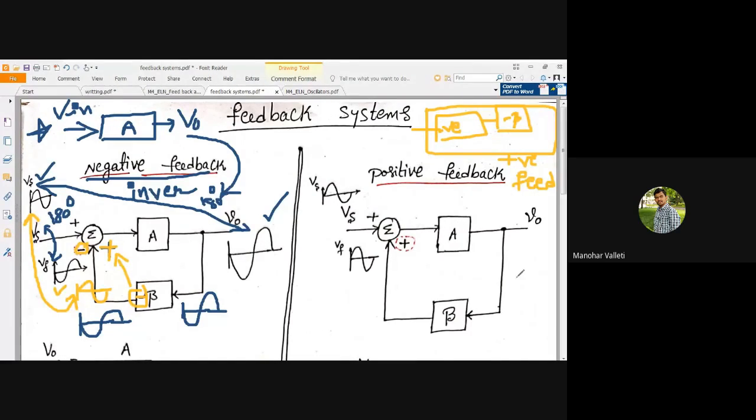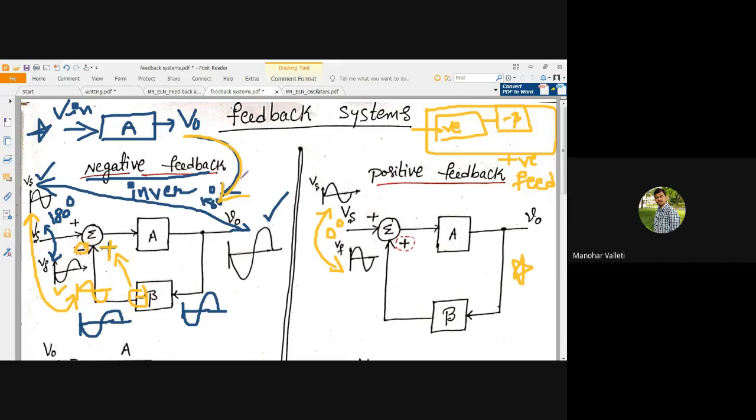This is the block diagram of the positive feedback system. Positive feedback means the input and feedback signal are in phase, that is 0 degrees. So how will we achieve this practically? In the evolution of designing good amplifiers, from open loop op amp we came to closed loop op amp. In the closed loop op amp, the best type of feedback is negative feedback.